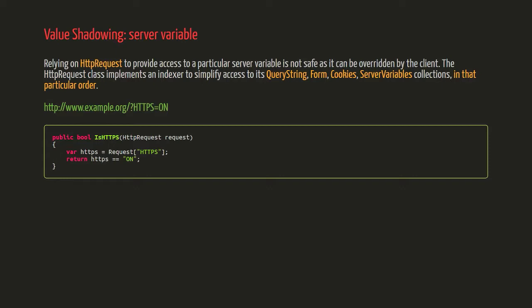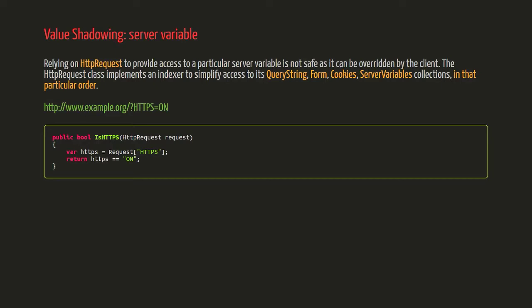So, for example, here we have a method, isHTTPS, that on server side attempts to ensure the user is using an HTTPS connection, so a secure connection.